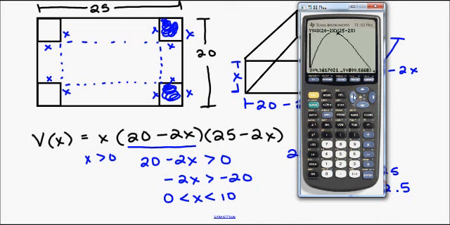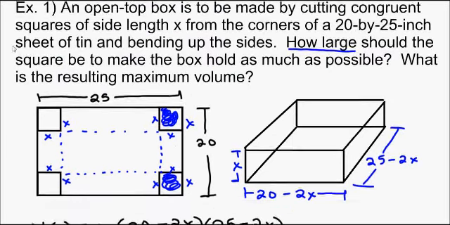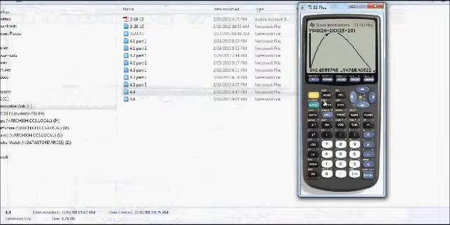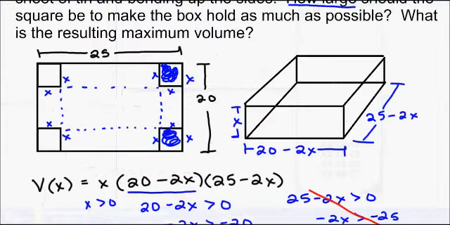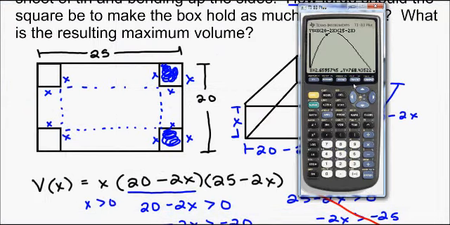That's a little better. Okay, so if I wanted to find the maximum volume, that's the y values here. So I'm going to hit second trace, 4 is maximum.